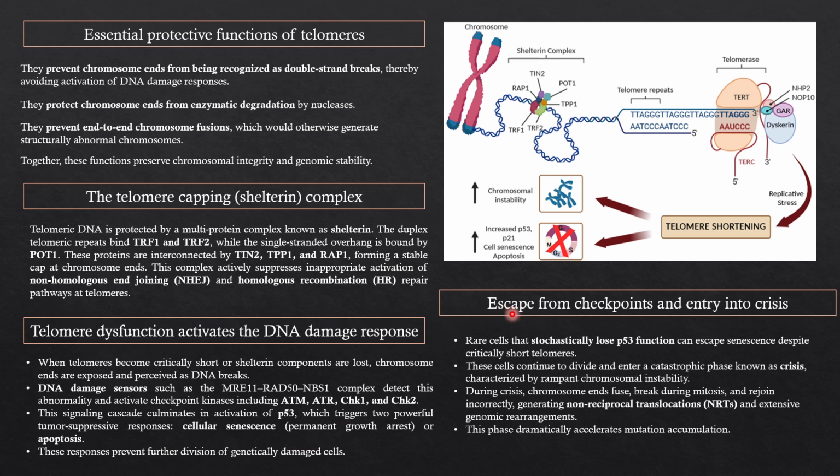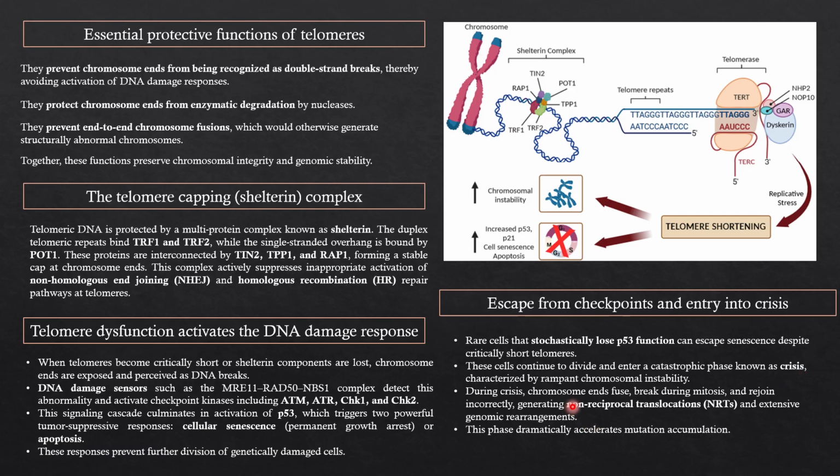Escape from these checkpoints leads to crisis. Certain cells lose the p53 function and can escape senescence despite the critical shortening of the telomeres. These cells continue to divide and enter a catastrophic phase known as crisis, characterized by rampant chromosomal instability.